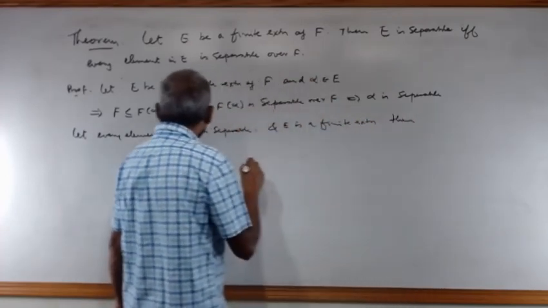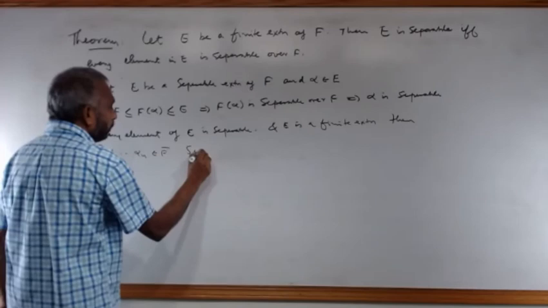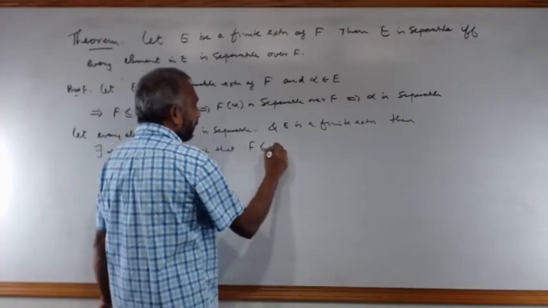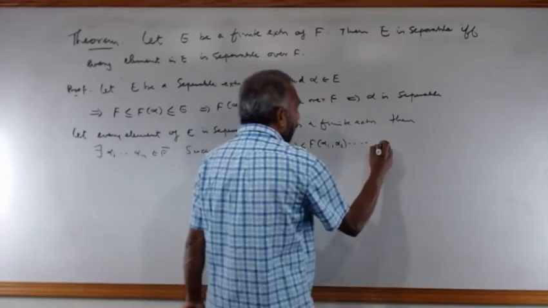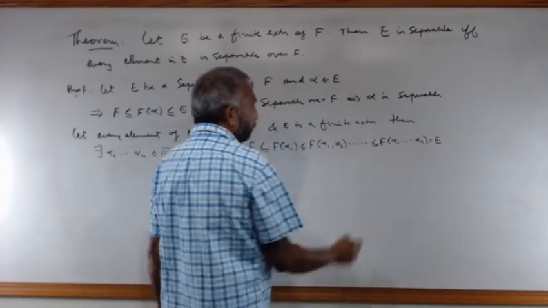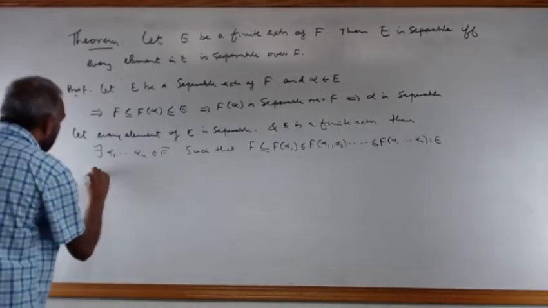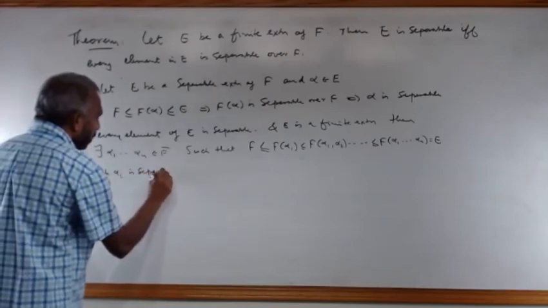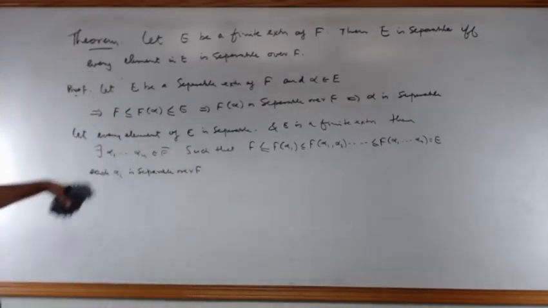Then there exist alpha 1 through alpha n in F closure such that F is a subfield of F(alpha 1), which is a subfield of F(alpha 1, alpha 2), up to F(alpha 1, ..., alpha n), and that is equal to E. Now each alpha i is separable over F, and that is the assumption.